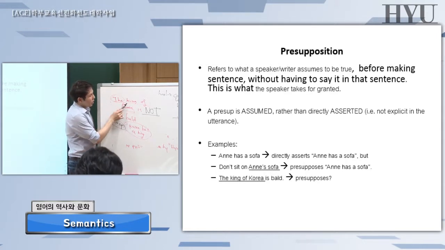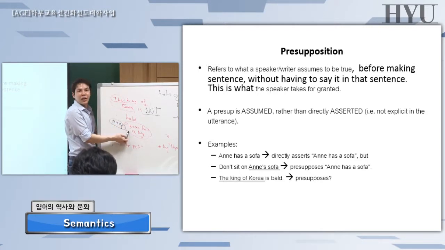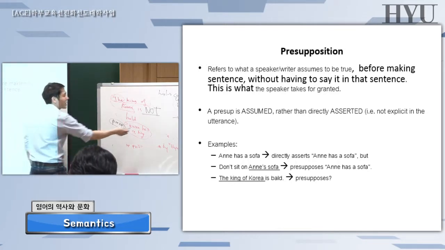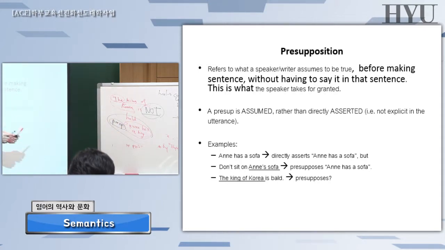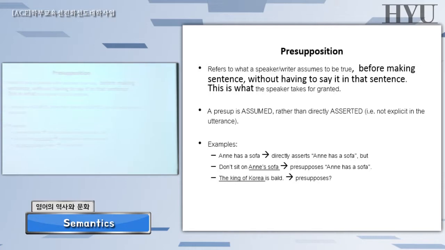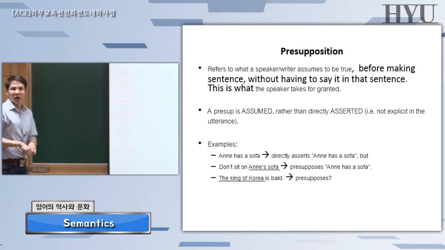So the King of Korea is not bald. He has lots of hair. So it still presupposes that Korea has a king, right? So the cancellation here doesn't affect the presupposition at all. The presupposition survives the cancellation, okay?